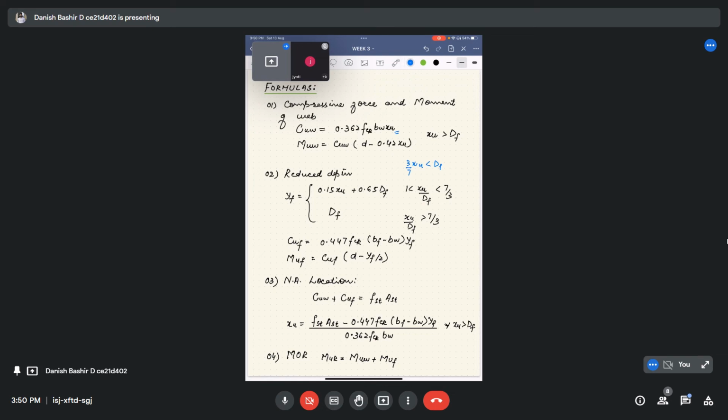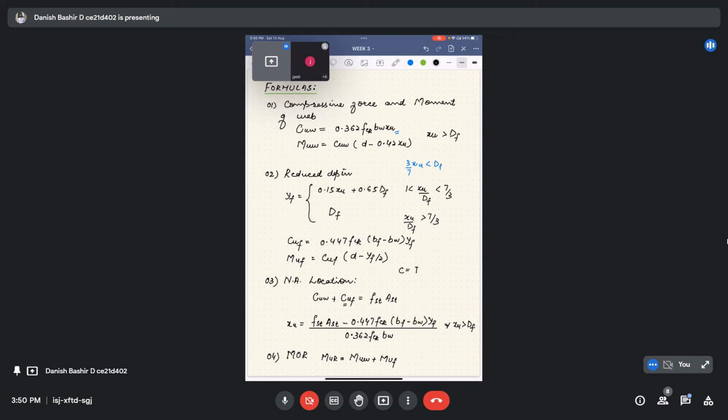Okay. Now, the neutral axis location will again be calculated from the equilibrium equation. Compression force C is equated against tension force. Now our C has two components, one from the web part and one from the flange part. CUW plus CUF is equal to FST times AST.